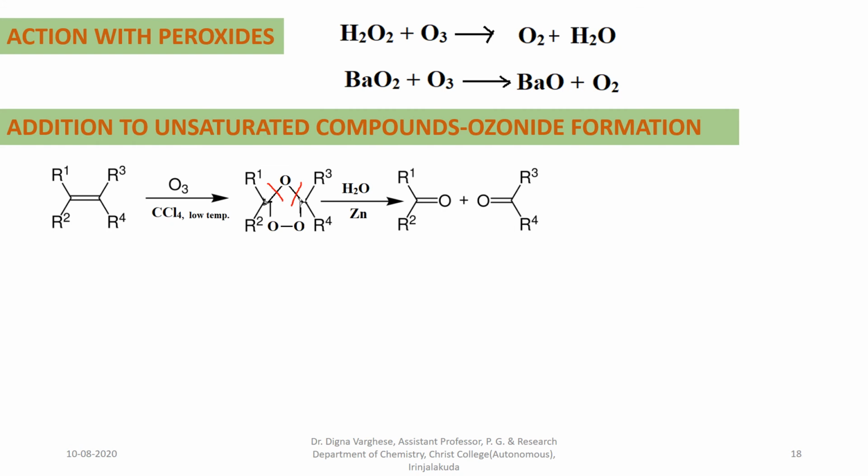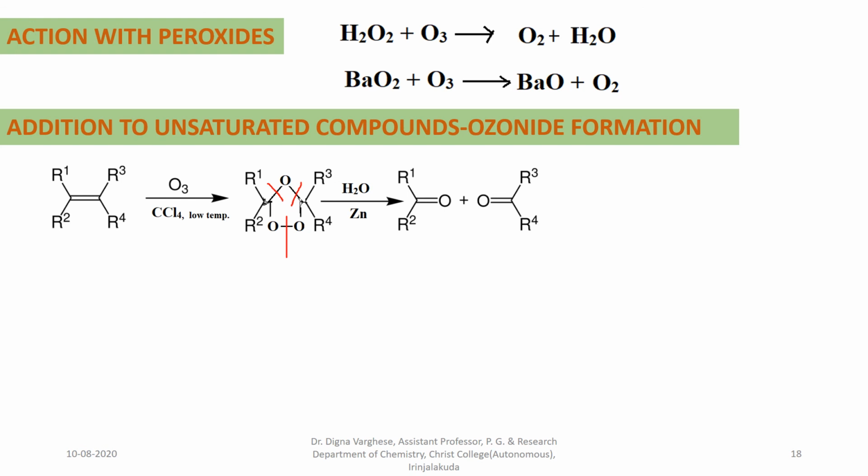Here R1 R2 C=O, one ketone, and here R3 R4 C=O, another ketone, and also we are getting hydrogen peroxide.